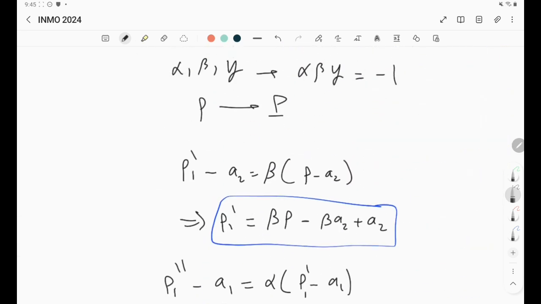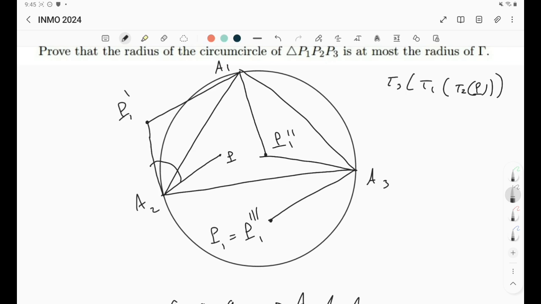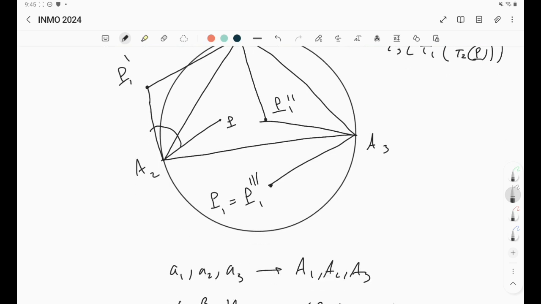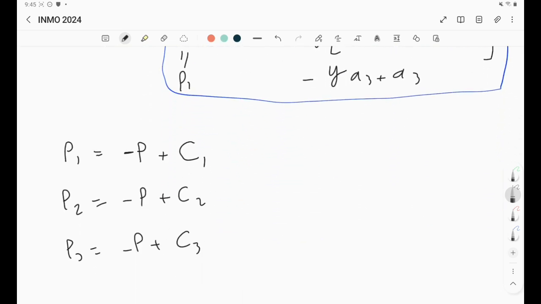But now the main question is how exactly can we represent the circumradius of p1, p2, p3, this triangle? Okay, we found the coordinates, but how can we find the circumradius? Because our goal is to find the circumradius and then show it's less than 1. Well, guess what? There is one nice thing about these coordinates, which is that all of these are the same, right? Negative p, negative p, negative p. And when you have a triangle in the complex plane, it has some circumradius.